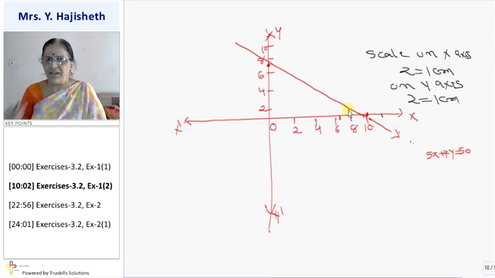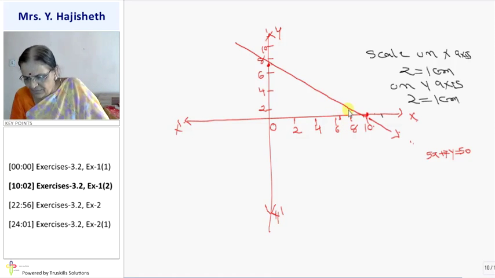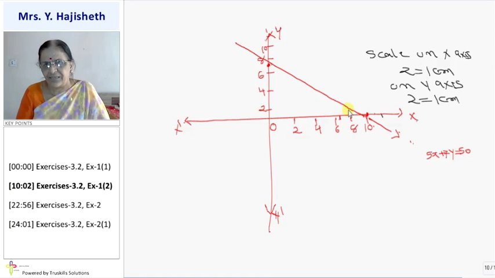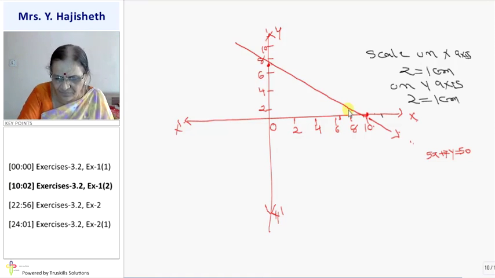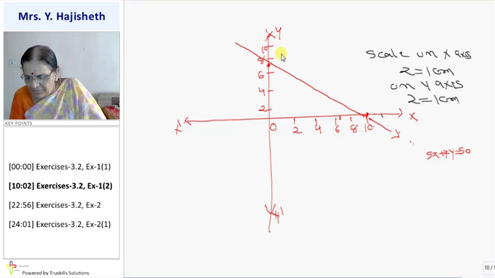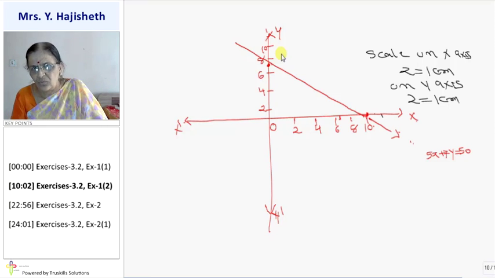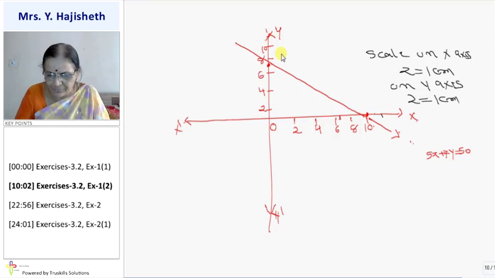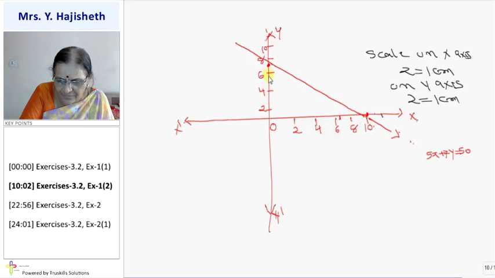Okay. And another is again between 6 and 8, somewhere. In the first one it came between 7 and 9. It was 7 integer 1 by 7. This will come a little lower, somewhere near.